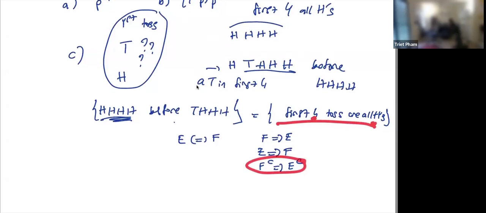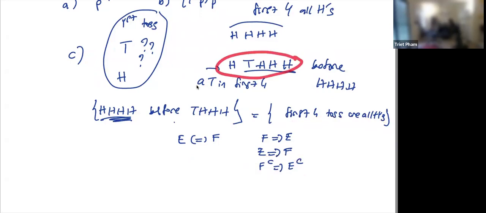If not all four tosses are heads, that means there's a tail in the first four tosses. Just run it through for the next few tosses to see what happens.